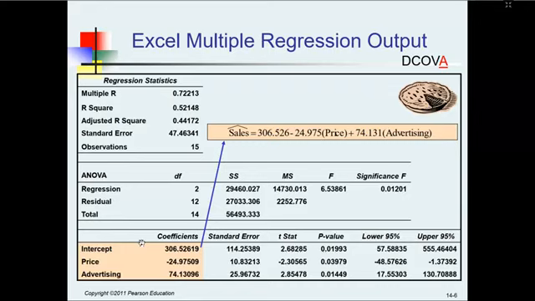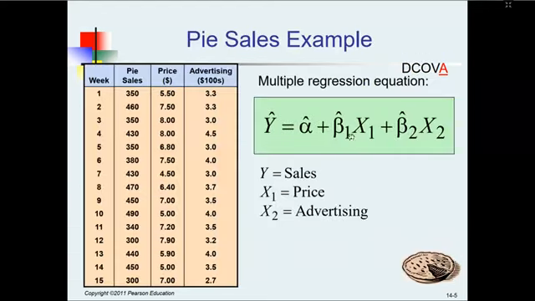In this last table, we have the coefficient of price. The coefficient of price is minus 24.97509. And the coefficient of advertising is the other beta. You remember this formula. So we want to find alpha, beta 1, and beta 2.